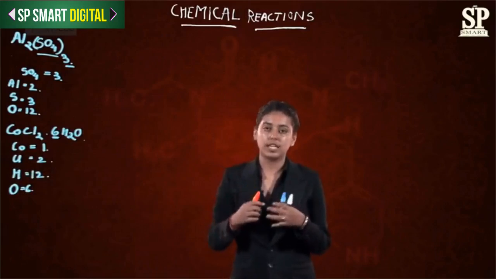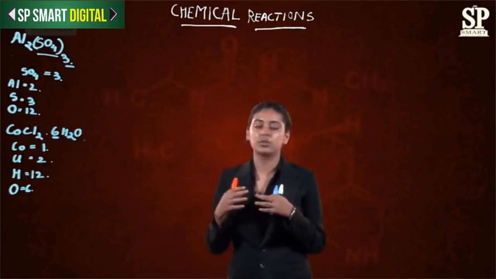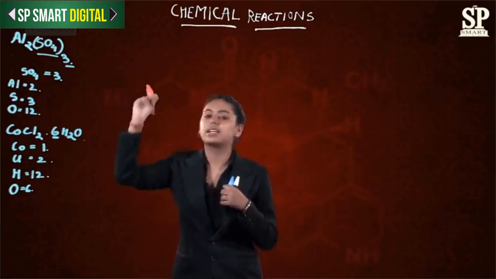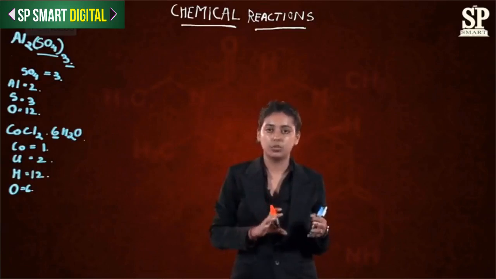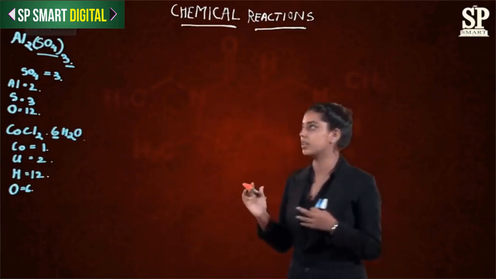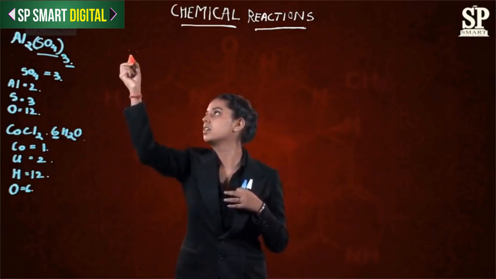You have already studied balancing of chemical reactions, but we will take one example so that we are aware of what we will be doing further. Let's take the example when iron is treated with water to produce iron oxide and hydrogen gas is liberated. I am just writing the skeleton equation first.